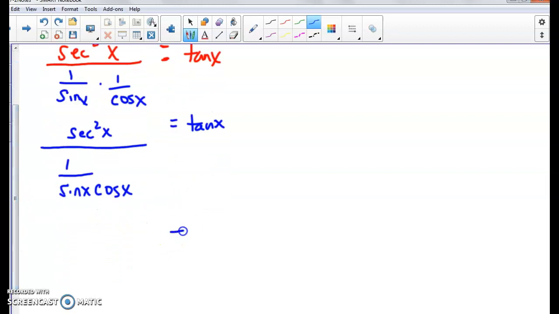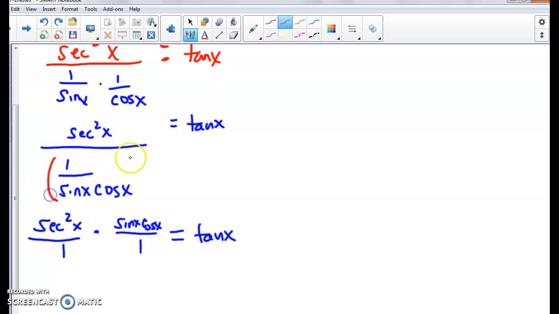Alright, so now we are going to try to simplify. Let's see. Secant squared x over 1 times sine x and cosine x over 1. Basically all I did right now is invert that and multiply straight across.